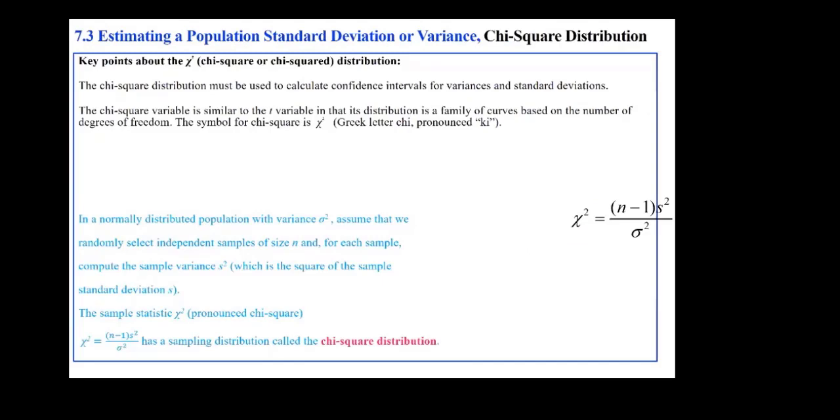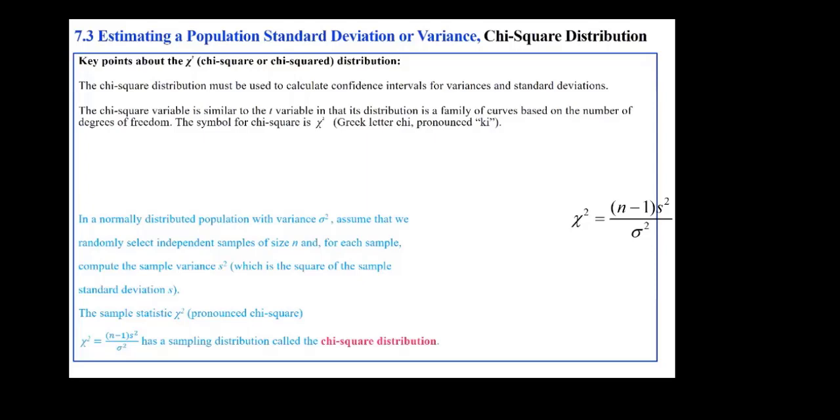Now, key points about the chi-square distribution. The chi-square distribution must be used to calculate confidence intervals for variances and standard deviations. The chi-square variable is similar to the t variable in that its distribution is a family of curves based on the number of degrees of freedom. df equals n minus 1.